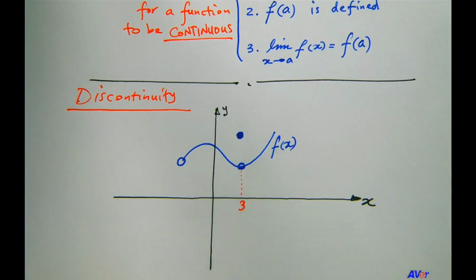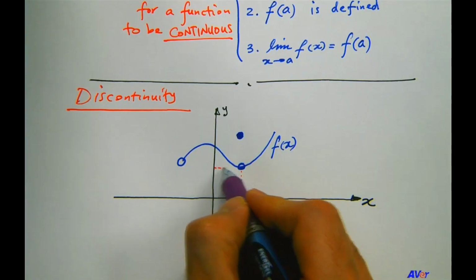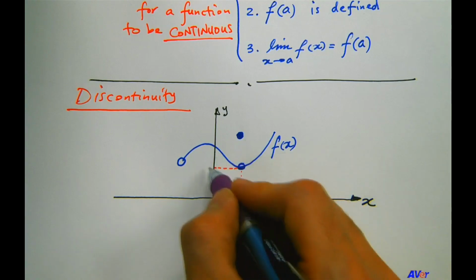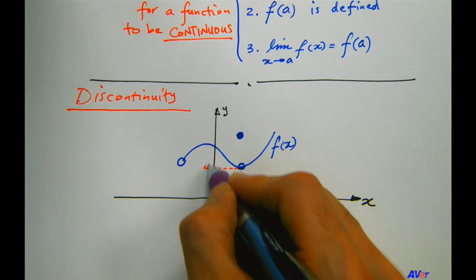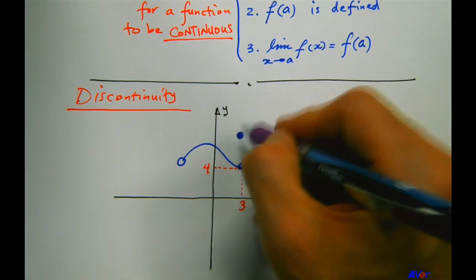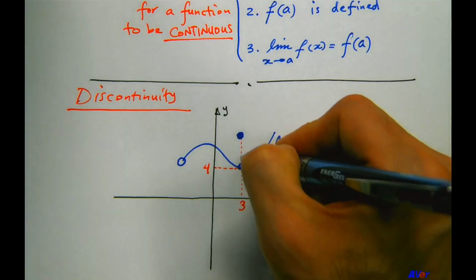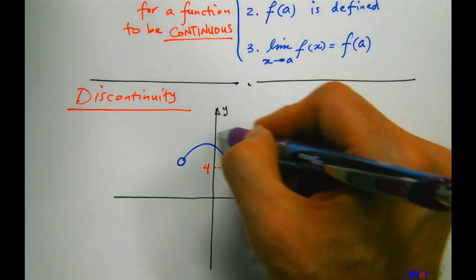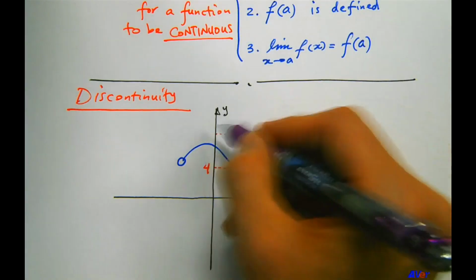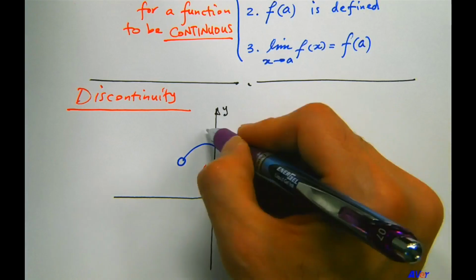Let's also take this value as, say, 4. And right through here, let's define that as, maybe we can call this 8.